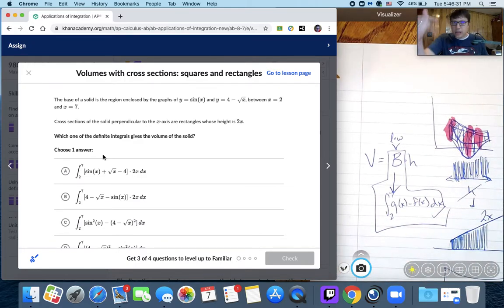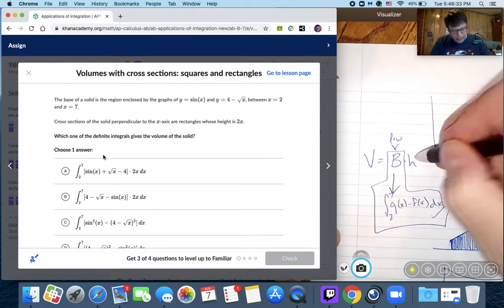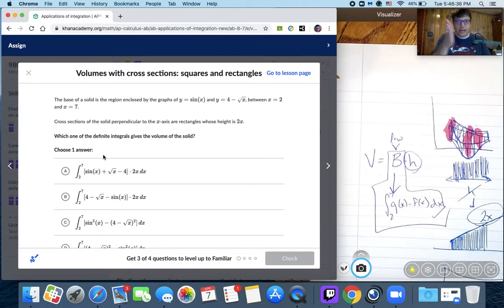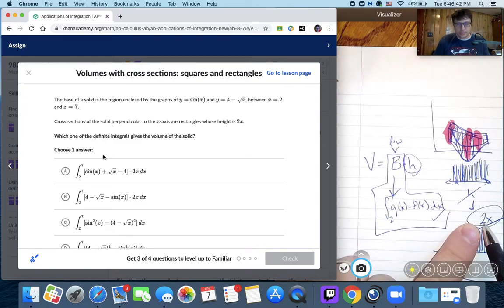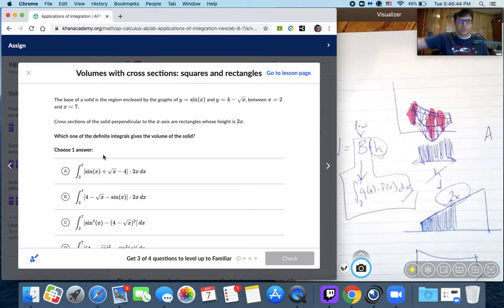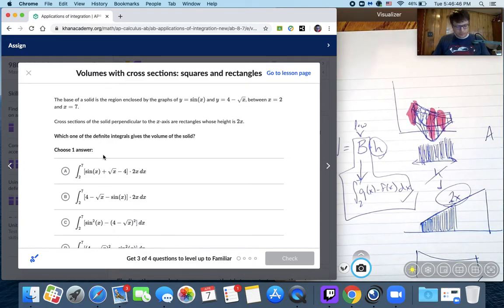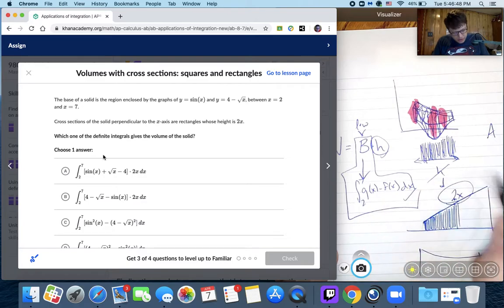So I have that component, and then I have the height component, which is as we move along the x-axis from 2 to 7, the height becomes 2x. It grows by the function 2x. So putting it all together, swap that, push that into there. I'm going to go with B.